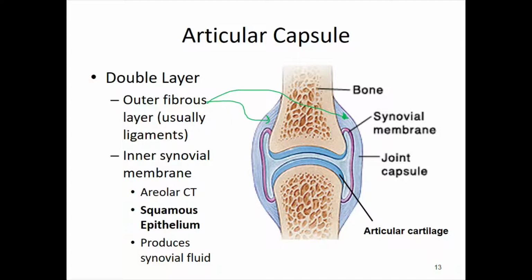A lot of the times we just have a very thick part of that articular capsule that we name as a specific ligament. Other ligaments will be not part of the joint capsule or articular capsule and are not holding that fluid in. So right under that fibrous layer, you see that little pink layer. That is the inner synovial membrane.